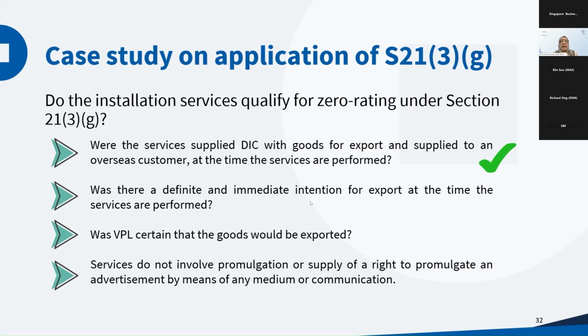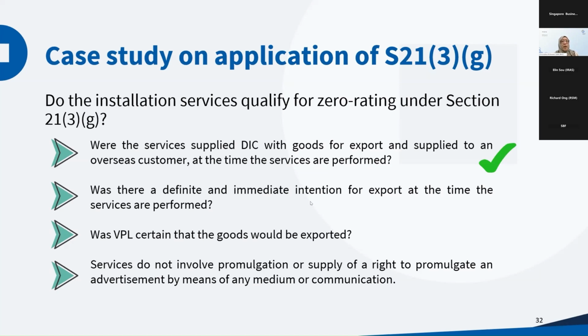And VPL also needs to establish if the services were provided to an overseas customer. For belonging status, as I mentioned just now, VAS is incorporated in Norway and has no business establishment or fixed establishment in Singapore. So this condition is also treated as satisfied.